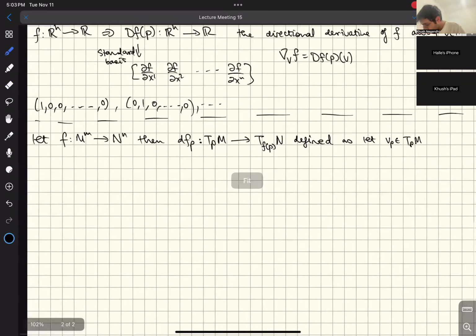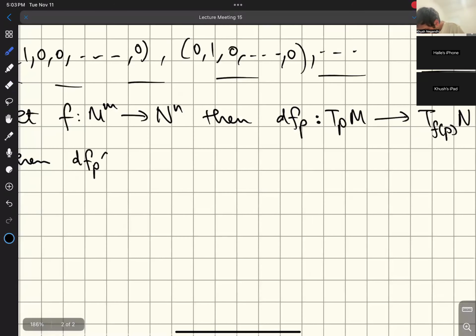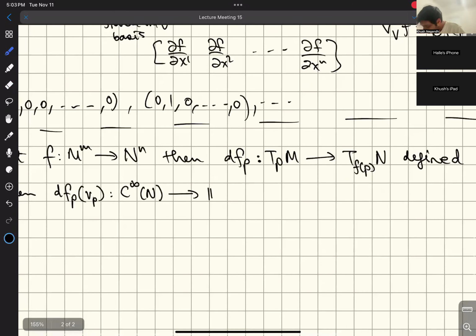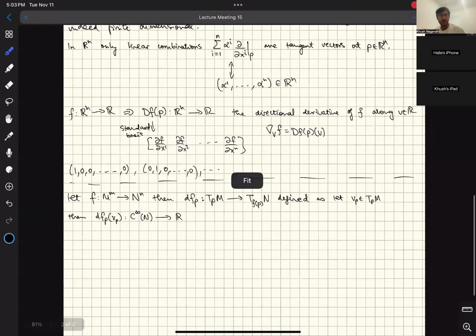Then df at P applied to VP is a function on the space of smooth functions on N into R. So we have to define what it does to a function.